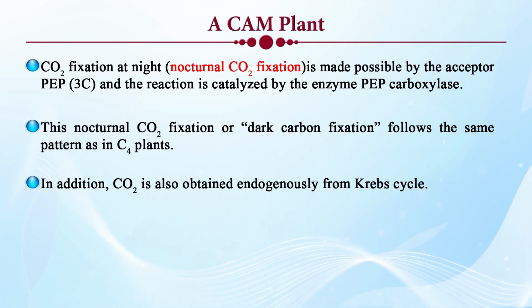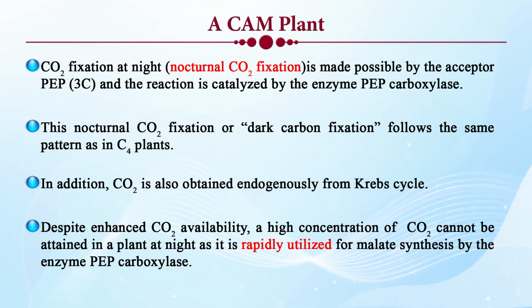The stomata are open, so the CO2 availability is there. There is a high concentration of CO2 which will not be toxic, because the moment CO2 is taken from the atmosphere, it is very, very rapidly utilized for the synthesis of malate by the enzyme PEP carboxylase.